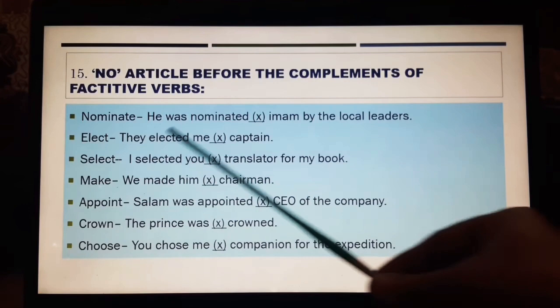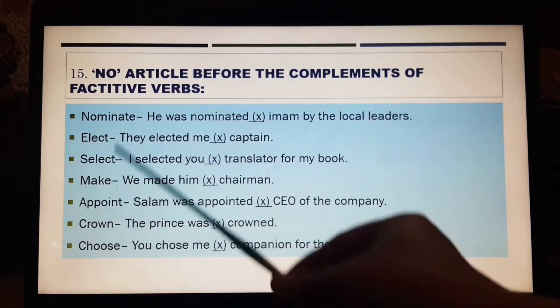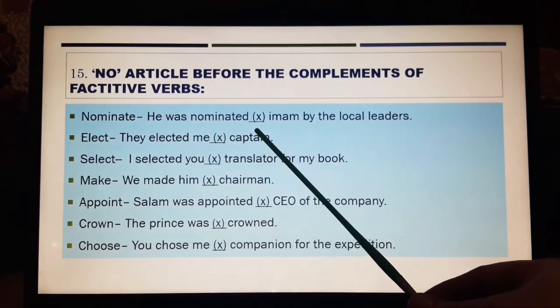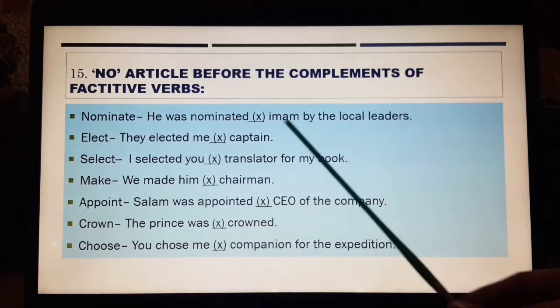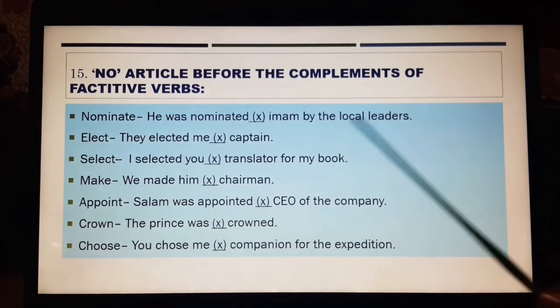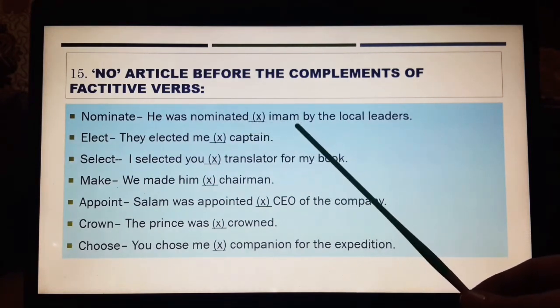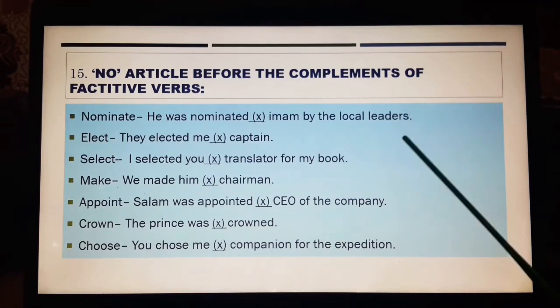So: nominate, elect, select, make, appoint, crown, choose. These are examples of factitive verbs. You can see, he was nominated Imam. You might ask, who nominated him? So another complement is needed here: by the local leaders. So in that way, factitive verbs do not make complete sense with the object. They need another complement to make complete sense.